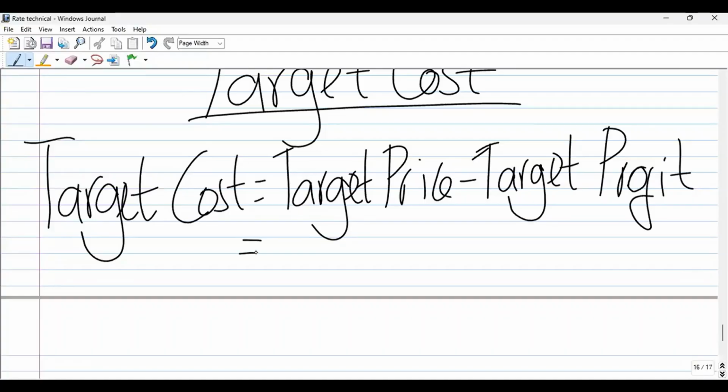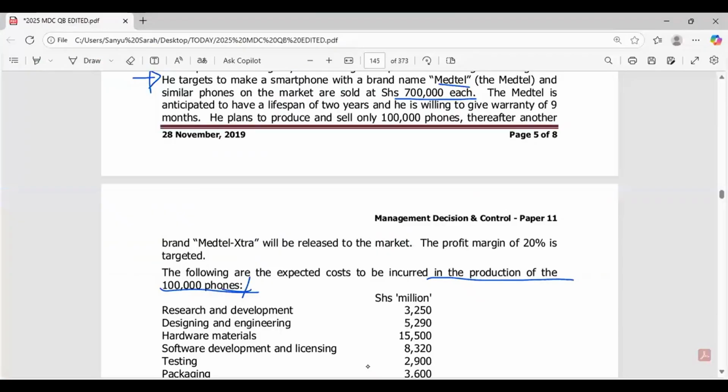Here, they've told you that similar smartphones are sold at 700,000 on the market. That means even we should target to sell our phone at 700,000.